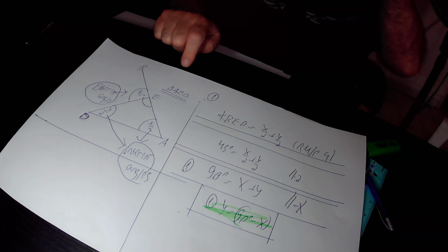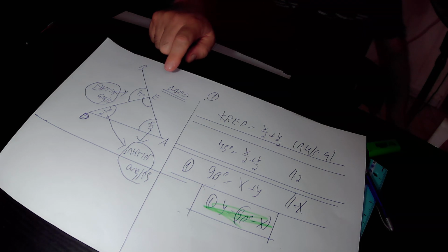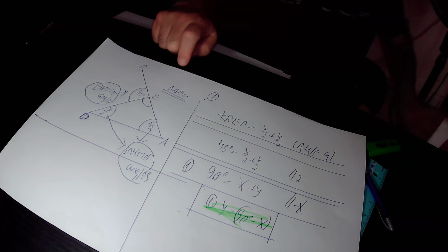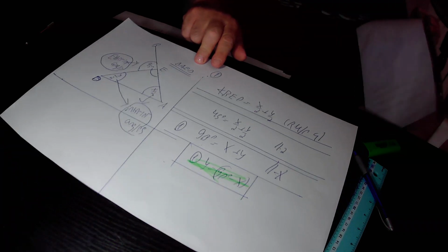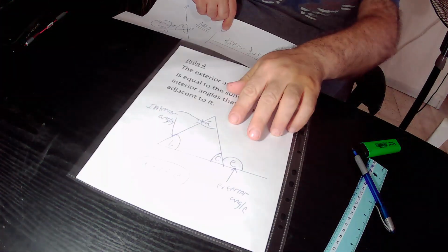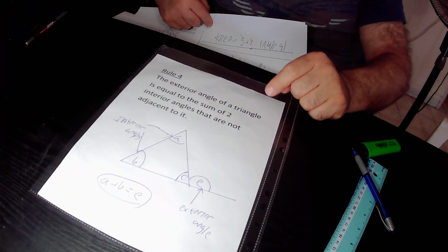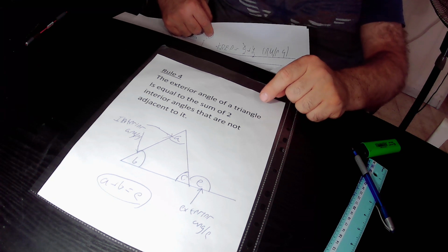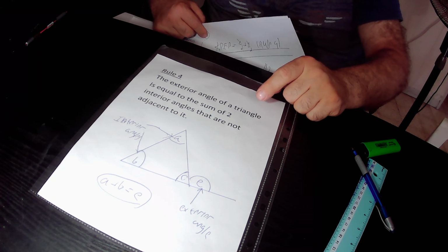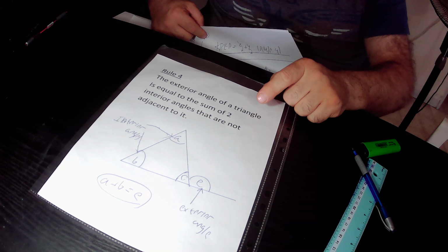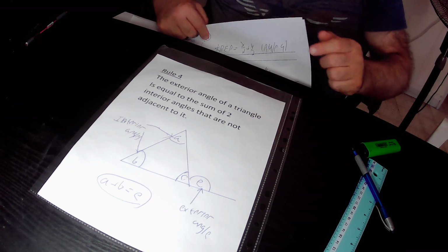So now we can implement rule 4 in our drawing. According to rule 4, the external angle of a triangle is equal to the sum of the two interior angles that are not adjacent to it.